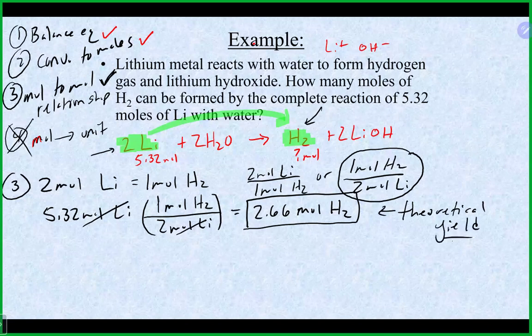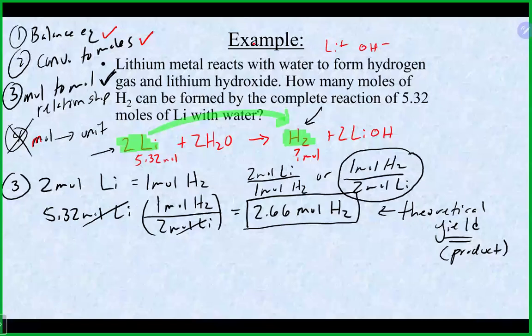Now, a yield is always a product, yeah? So it's got to be a product if it's a yield, and that's on the right-hand side of the arrow. That is why in the previous example, where we calculated how much of a reactant, that is not a yield, so we wouldn't call what we calculated earlier a yield. A yield has to be a product, and this is a theoretical yield.